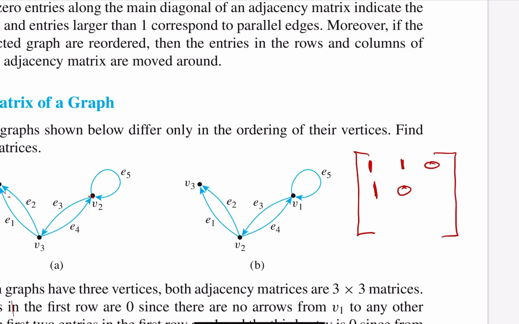We have to put 2 here. Now v3, v1, we don't have an edge. v3, v2, we don't have an edge. And v3, v3, we don't have a loop, it's 0.